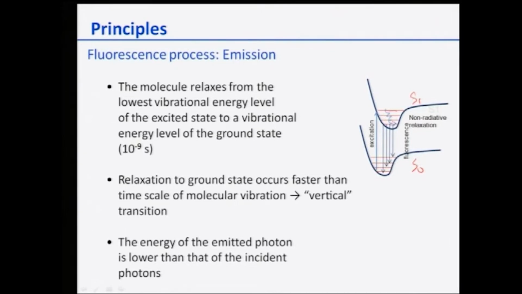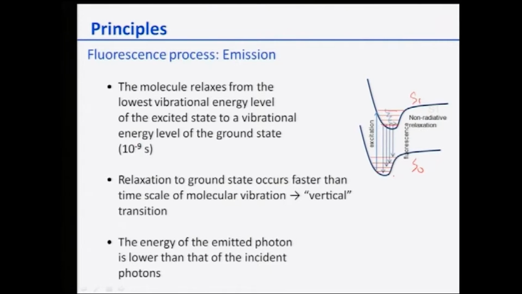Then it can relax from the lowest vibrational energy state of the excited state to the vibrational energy levels of the ground state in many different ways. Because in the ground state also there are many vibrational energy states available. So, the electron can jump from the lowest vibrational energy level of the excited state to any of these, the S0 ground state energy levels, in different ways.